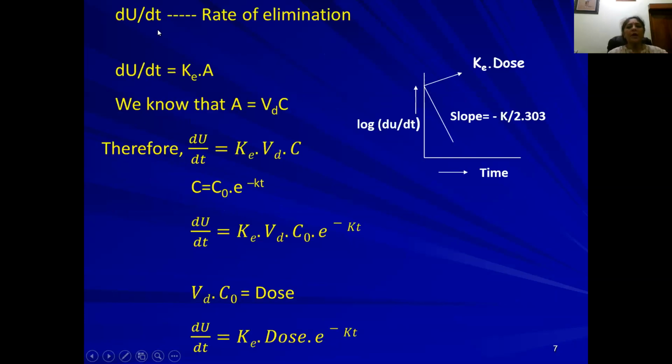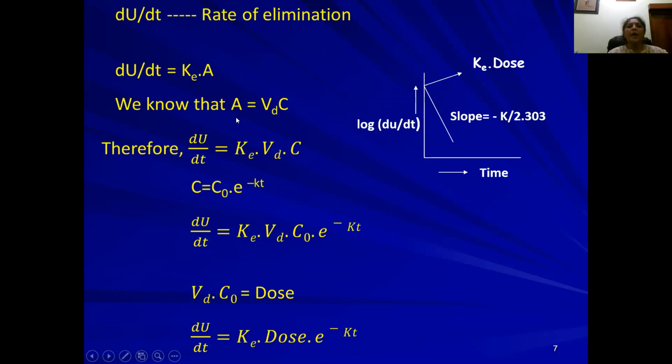Now dU by dt is the rate of elimination. Now dU by dt is equal to Ke into A, where Ke, as I told earlier, is the renal elimination rate constant and A is the amount of drug in the body.